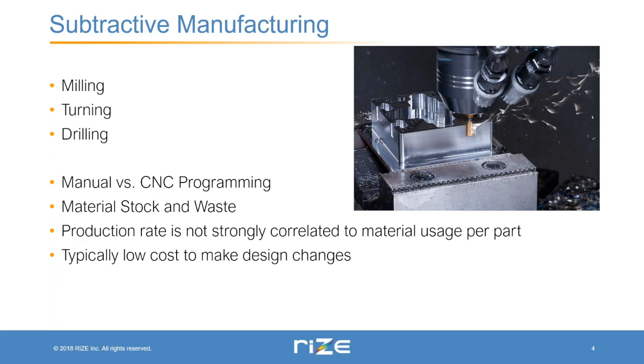So one of the major differences between additive and subtractive manufacturing is that whereas additive will be adding material to an empty build plate, subtractive manufacturing typically starts with a material stock that is then milled out and material is then removed.